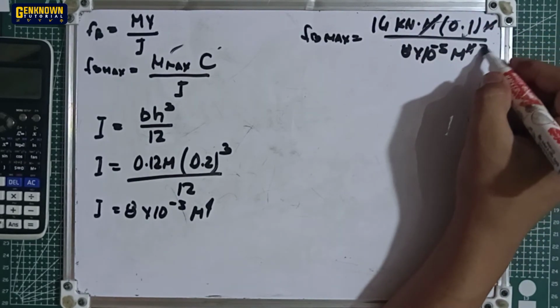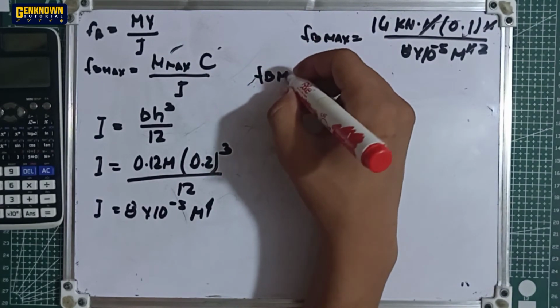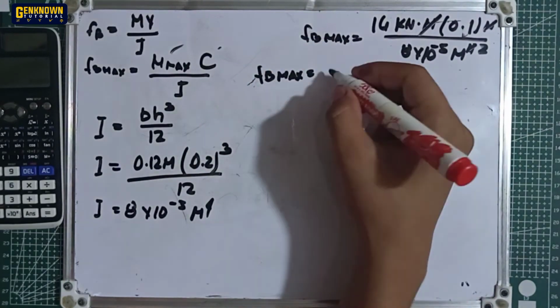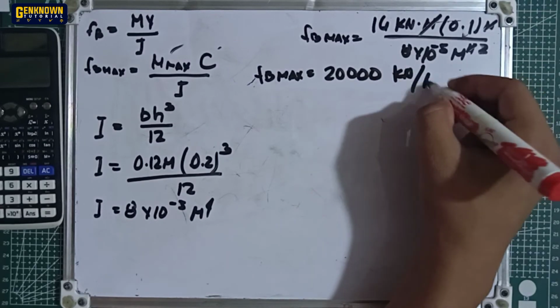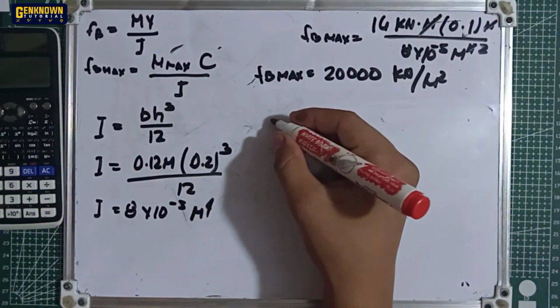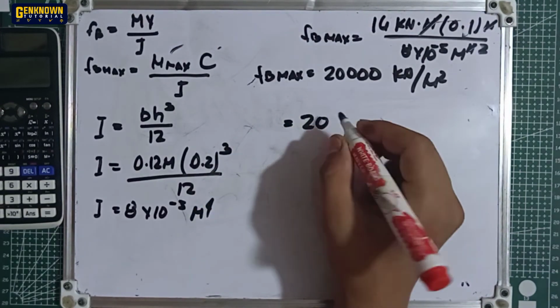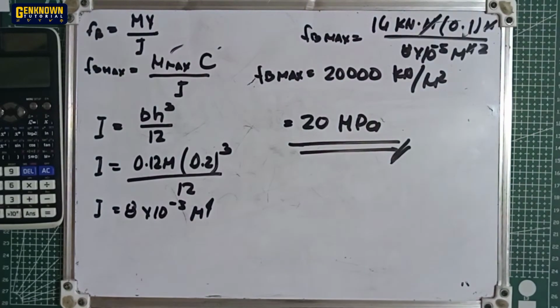Isa rin dito, kaya ito na lang natira. So, the FB max is equal to 20,000 kilonewton per square meter, or equal to 20 megapascal. So, yun yung maximum flexural stress, located at the point C.